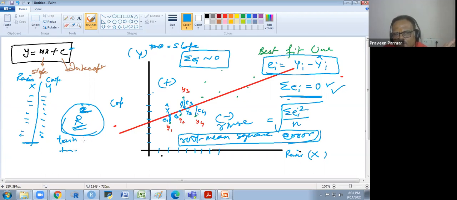And we find out the RMSE for training data. We create the model, then we put the training data in that model and find out the RMSE of that. And in the testing, we also put the data in that model and find out the RMSE for that. Does that make sense to you?